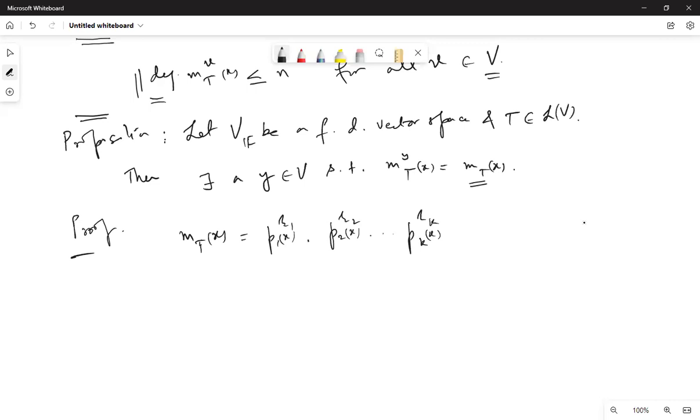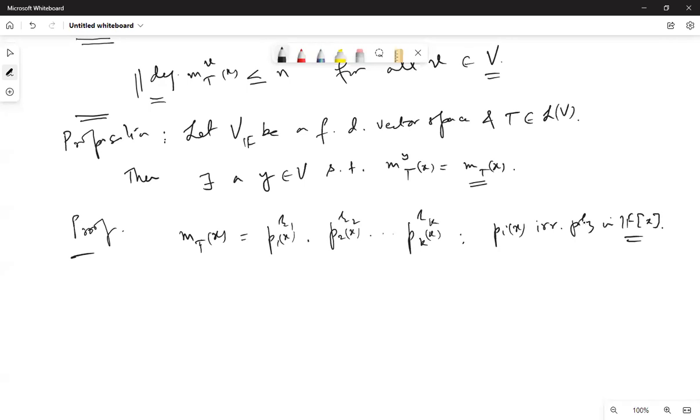Where these pi's are distinct irreducible polynomials in F[x].